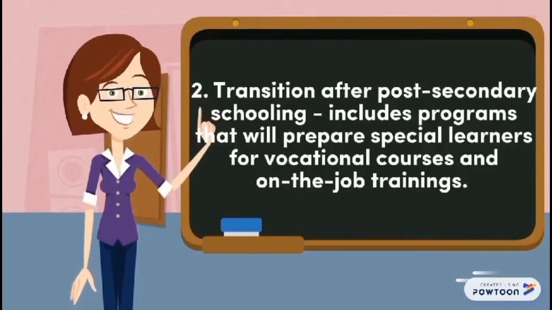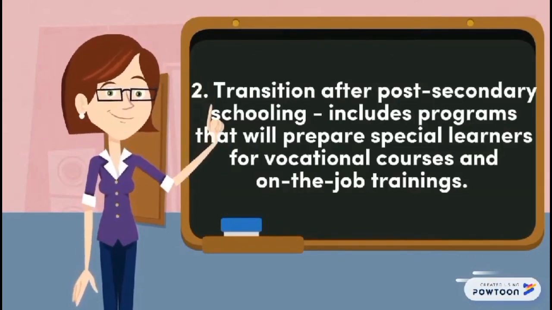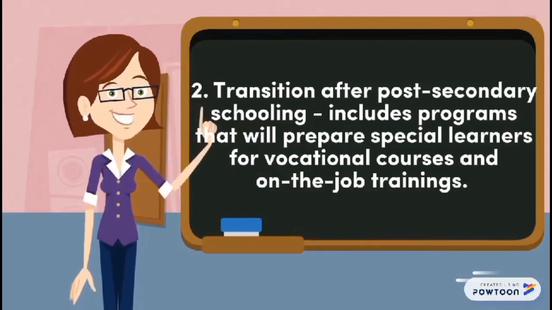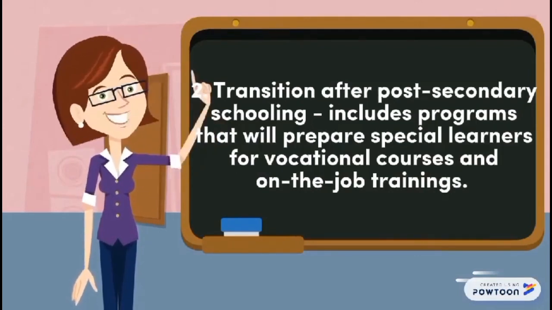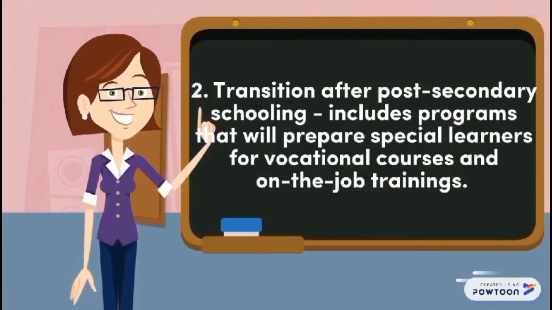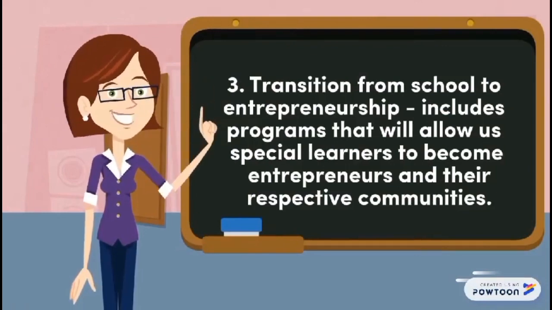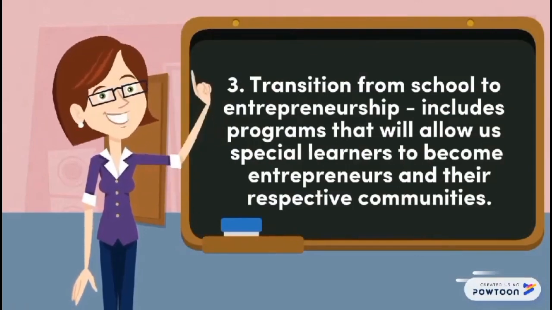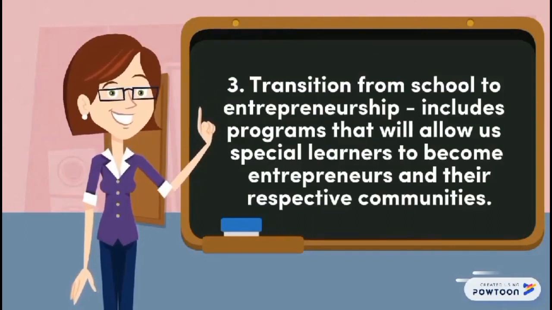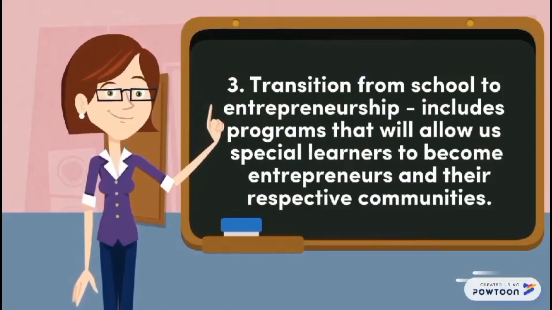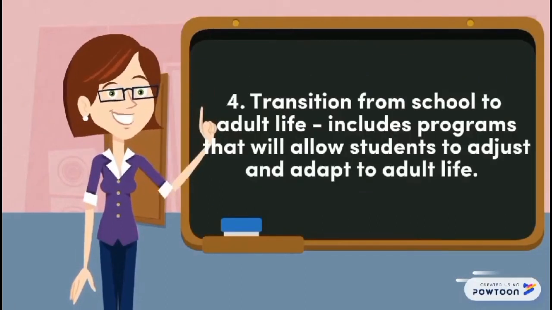2. Transition after post-secondary schooling includes programs that will prepare special learners for vocational courses and on-the-job trainings. 3. Transition from school to entrepreneurship includes programs that will allow special learners to become entrepreneurs in their respective communities. 4.